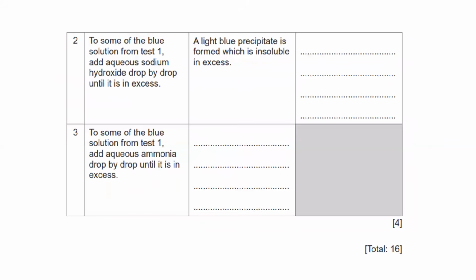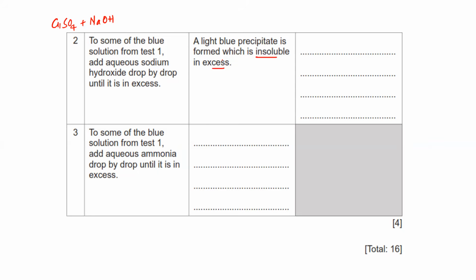Then in part 2, it says to some of the blue solution from test 1, add aqueous sodium hydroxide drop by drop until it is in excess. For example, if it is copper sulfate, you are adding NaOH. A blue precipitate is formed, which is insoluble in excess.